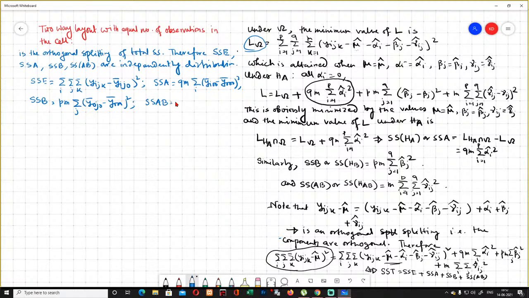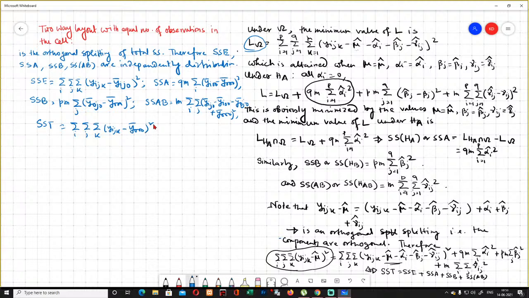SSAB is m sum over ij of y ij naught bar minus y i naught bar minus y naught j naught bar plus y naught bar whole square, and SST, which is yijk minus mu hat, mu hat means y naught bar, so this is yijk minus y naught bar whole square.